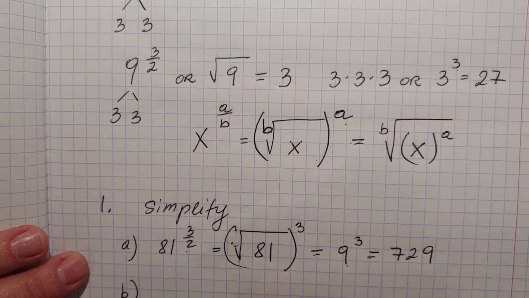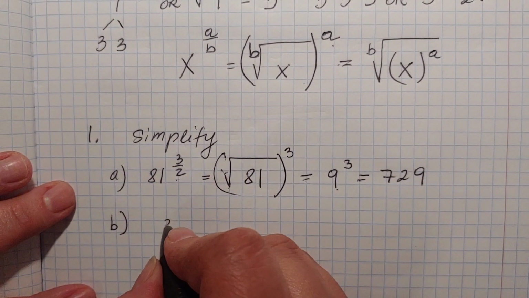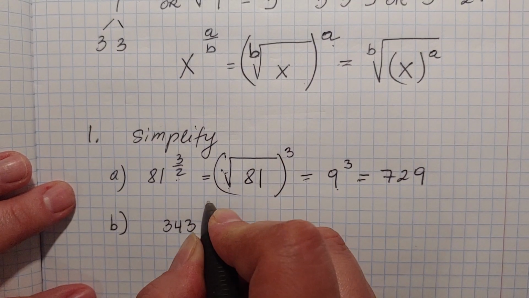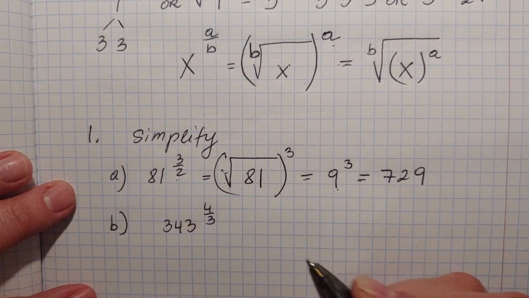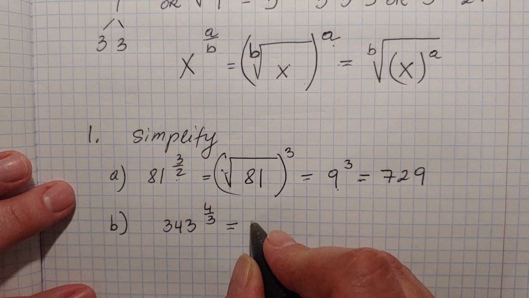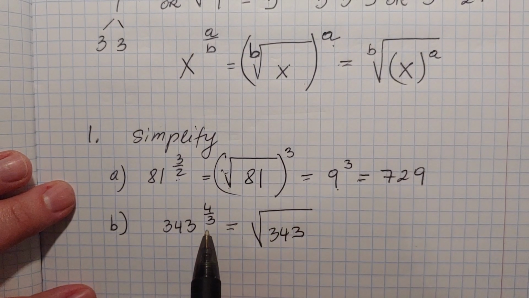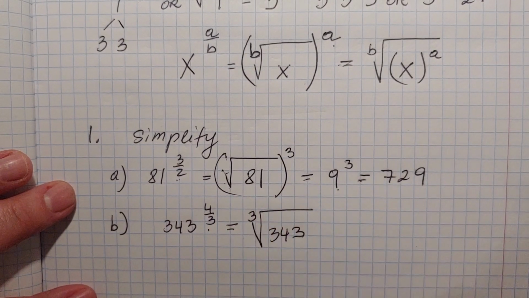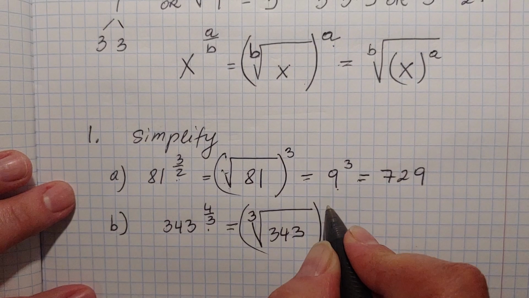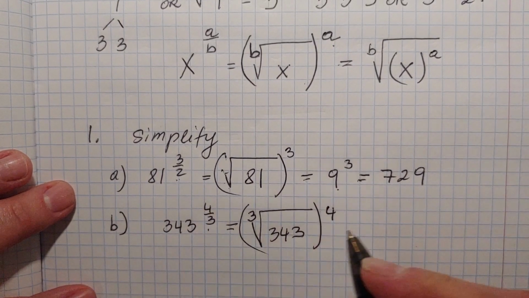Okay, what if I have 343 to the power of 4/3? What does that mean? That means I need to take a root of 343, but this time I'm not going to use the square root, I'm going to use the third root, and then I'm going to take it to whatever power my numerator is.